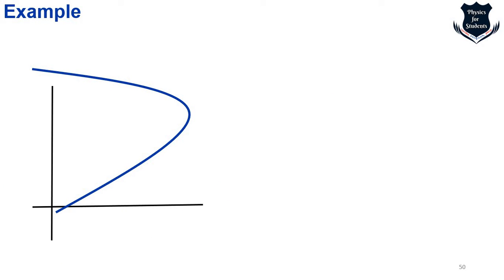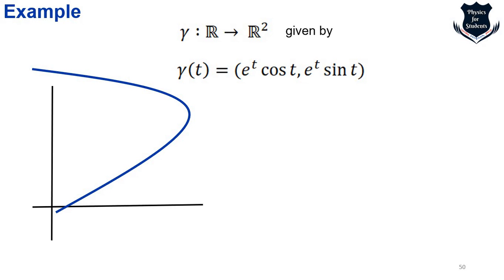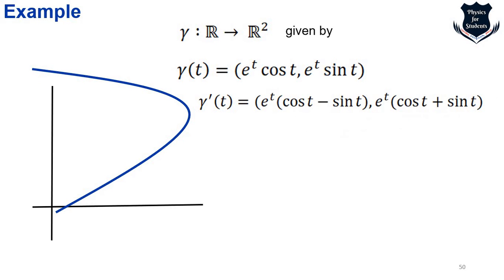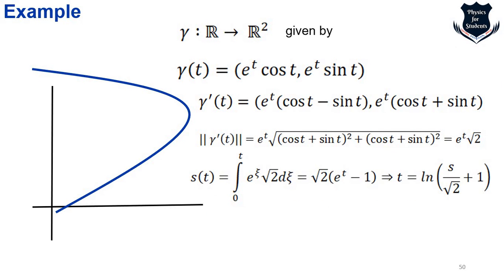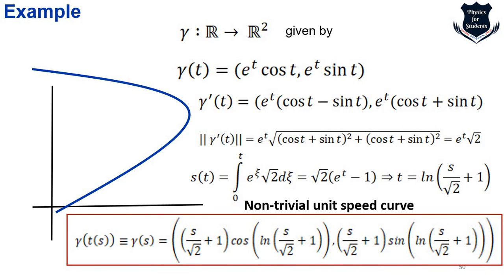Now we take an abrupt graph like this, just to show you an example. So we get this kind of an equation, and it is given by (e^t cos t, e^t sin t), right? And then we get this, and further we get this, and we get this. This is just a quick example, in case you are wondering what would be an example of a non-trivial unit speed curve.